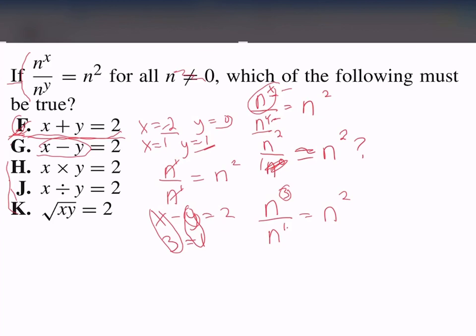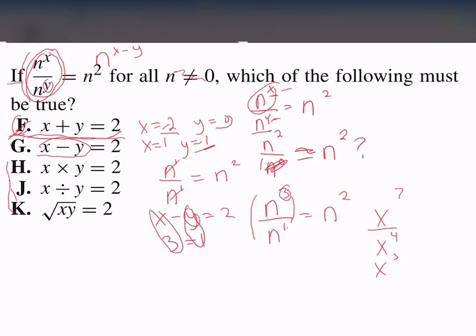Notice when I was doing this last part, I said, okay, if it's n to the third over n to the 1, what do we do? Well, we subtract these exponents, right? Because if you had, say, x to the 7 over x to the 4th, you know that rule. This is the actual mathematical way to do it. We have the same base. So really, this can be written as n to the x minus y.